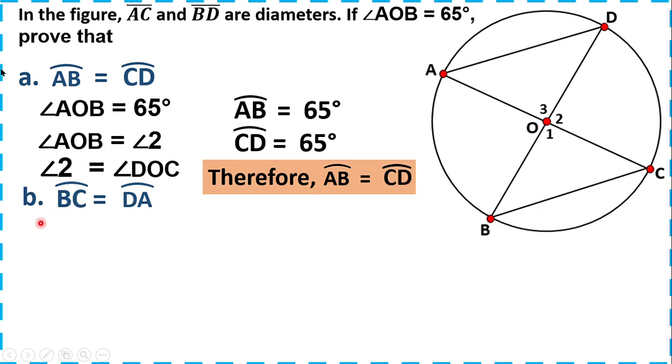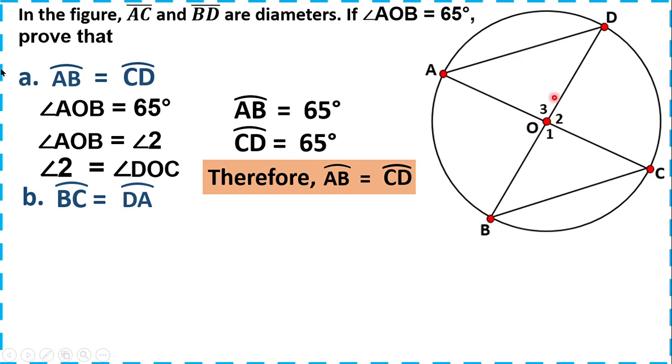Next, letter B: arc BC is equal to arc DA. We have to prove that they are equal. This is our arc BC, and this is arc DA, or arc AD. As you can see, arc AD subtends central angle AOD, and arc BC subtends central angle BOC.